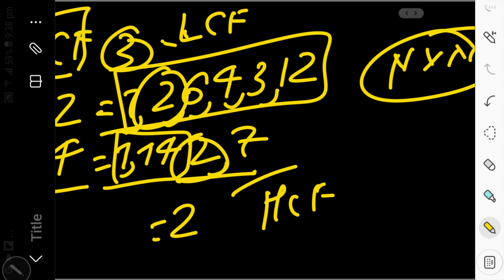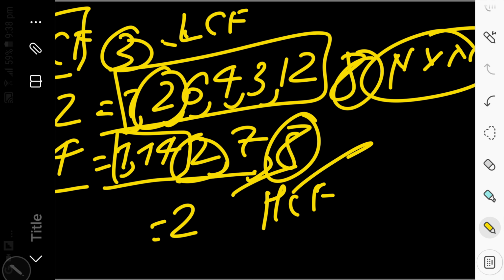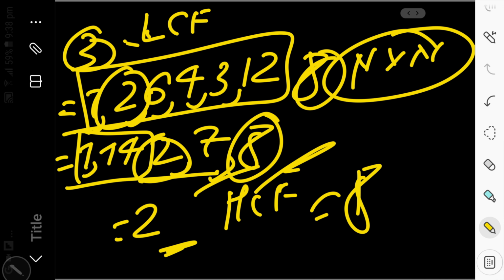If there was any other number, for example 8, in both of them, 8 would be the HCF, not 2, because we are talking about the highest common factor, the number that is biggest. In LCM we talk about the smallest, but in HCF we talk about the highest. Here 2 is the highest.